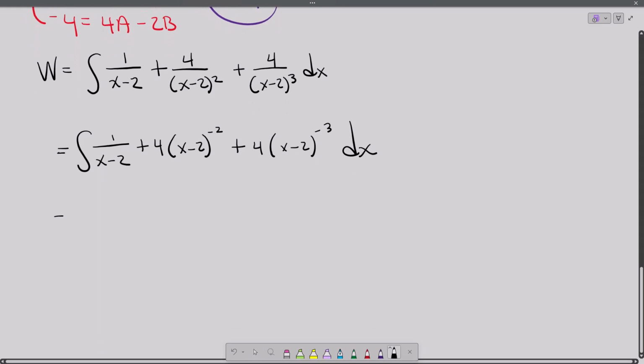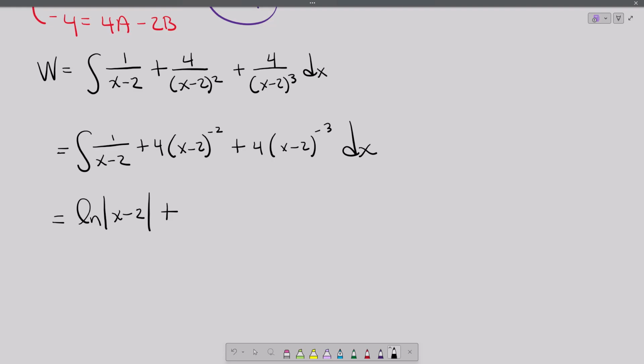The first one is the easiest one, natural log of x minus 2. Getting good at that one. Second one, we have to use the power rule in conjunction with the reverse chain rule, but not really, because the derivative of those bases is 1.